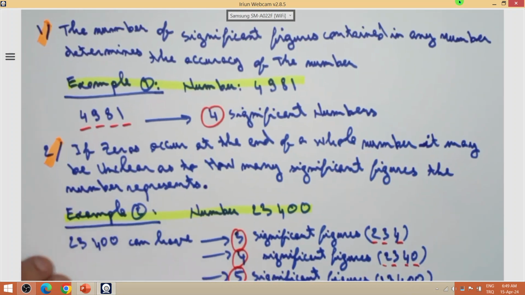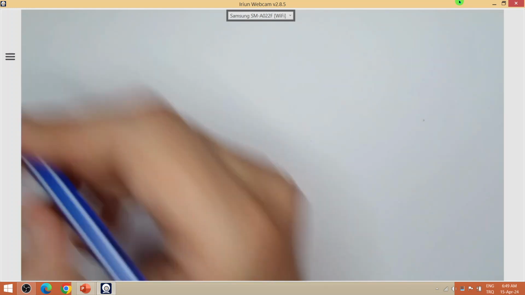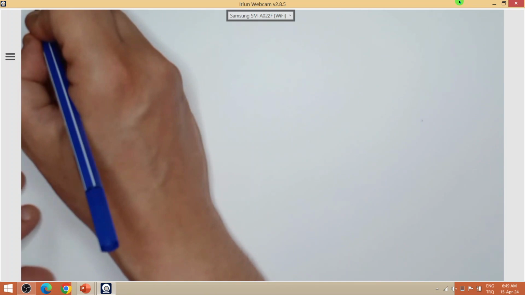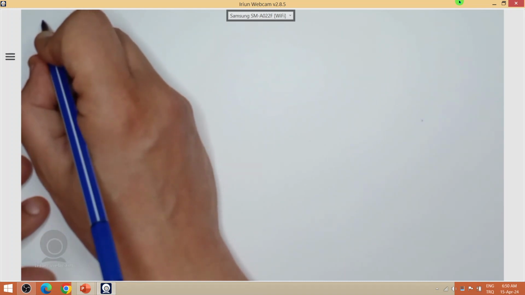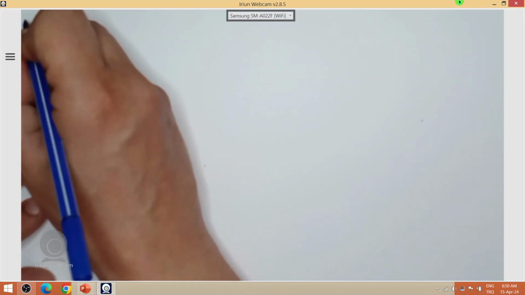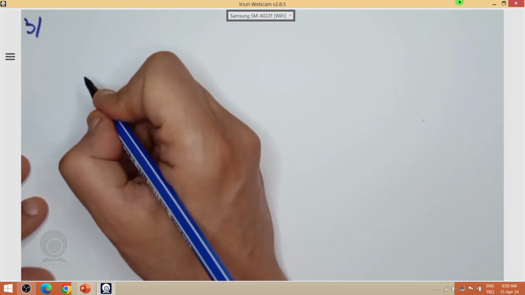Now we'll see note 3. So for note 3, I will write: to avoid these ambiguities, we will use engineering notation to report a result.